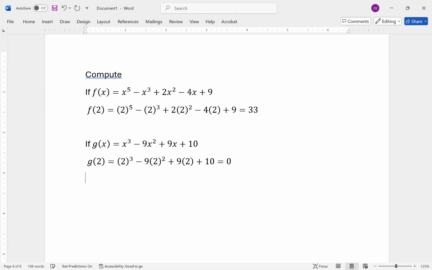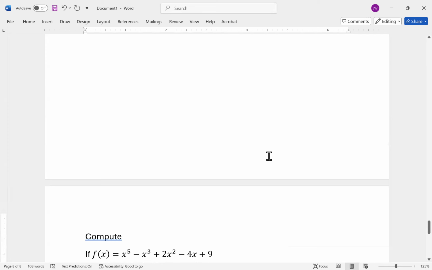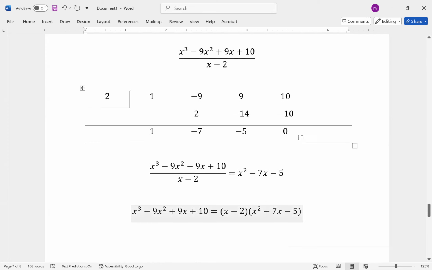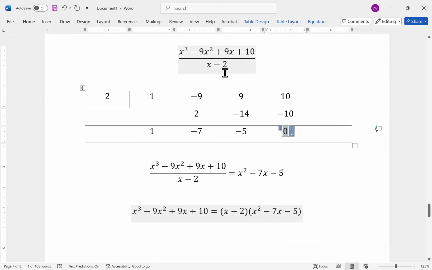So in both of these cases, we ended up getting our remainder when we plugged in the 2 into the polynomial function. Remember that I got a remainder of 0 using synthetic division when I divided by x minus 2.